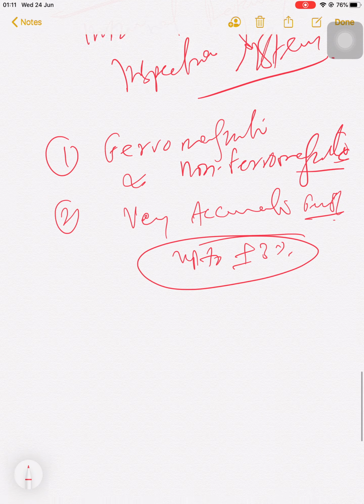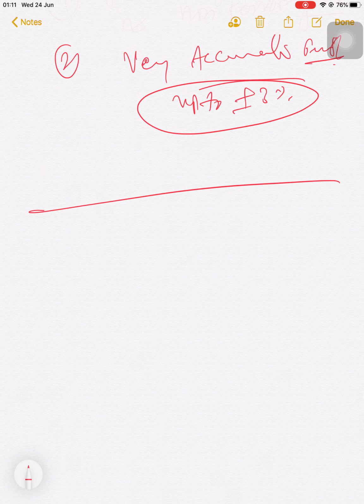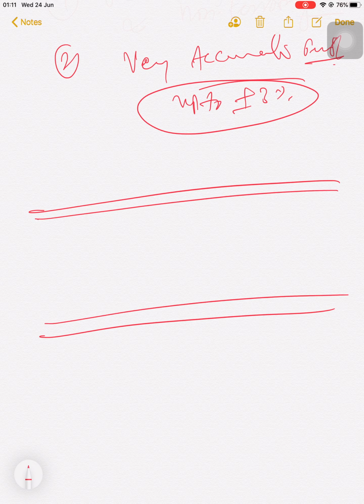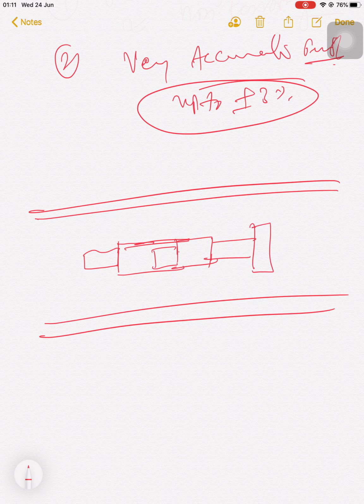In RIS, if you see how it functions, this is the pipe or tube, and this is the instrument going through it. I'm not good at sketching, so sorry for this.